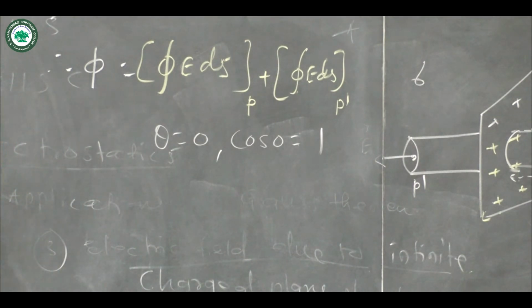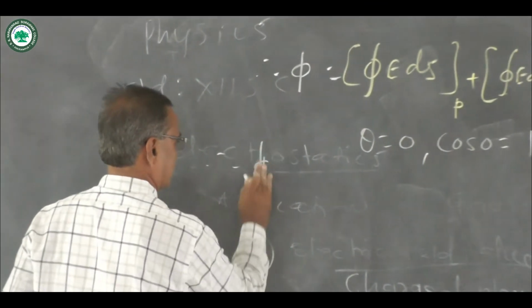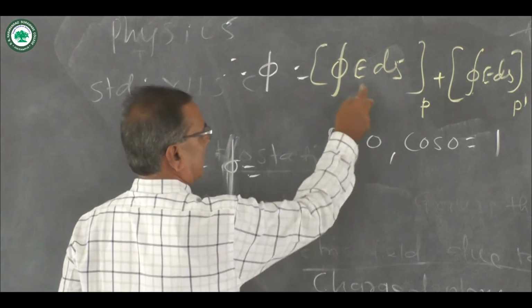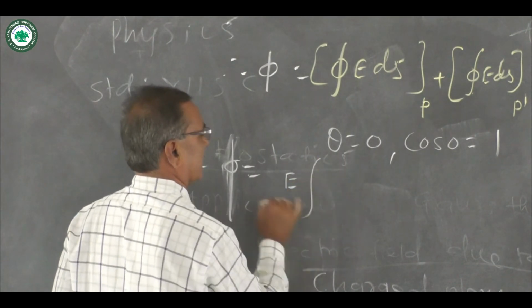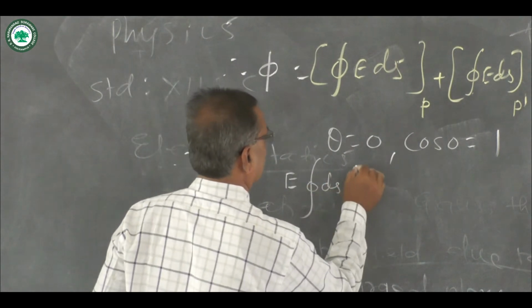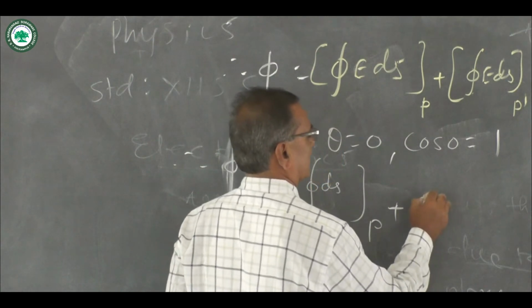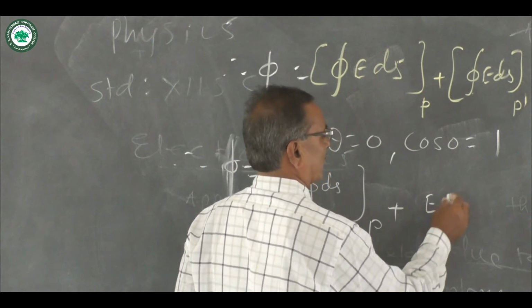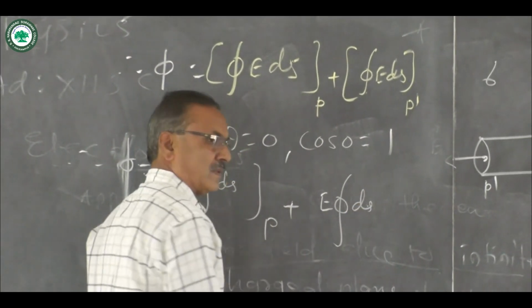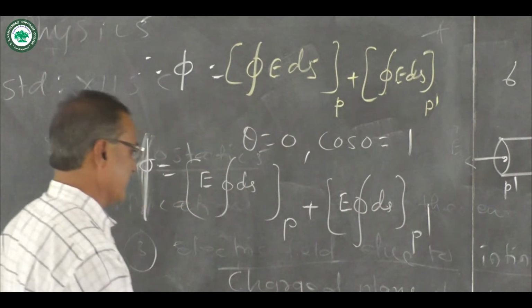So the equation becomes electric flux phi is equal to E times the integral of ds at point P plus E times the integral of ds at point P dash.